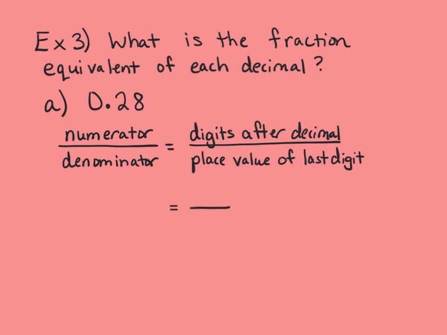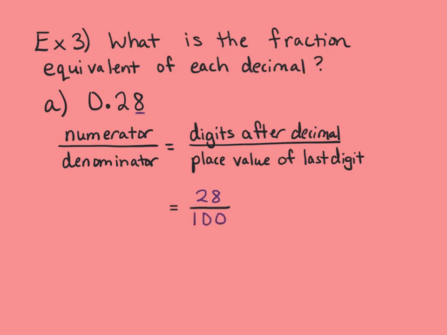So the digits after the decimal would be 28. And then the last digit is this 8, and it's in the hundredths place. Remember, after a decimal, you go tenths, then hundredths. So it's 28 over 100.